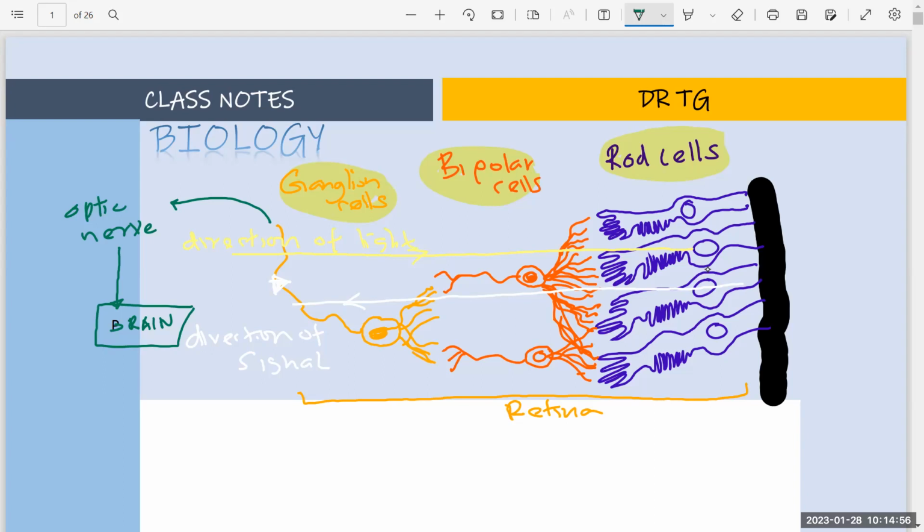In the next lesson, we're going to learn how this is actually happening, how actually the light energy passes to the brain. How does the brain know that light is falling on the rod cells?